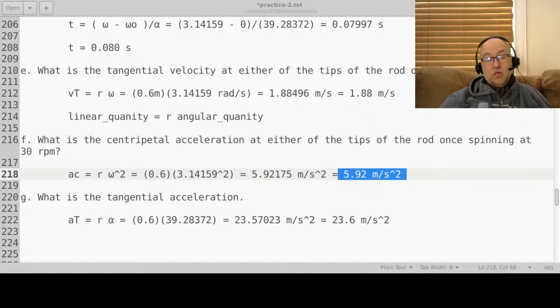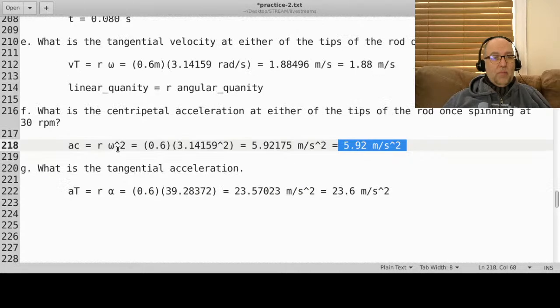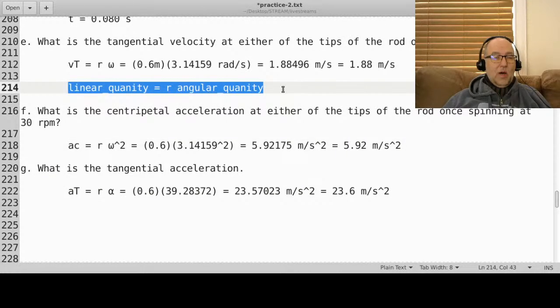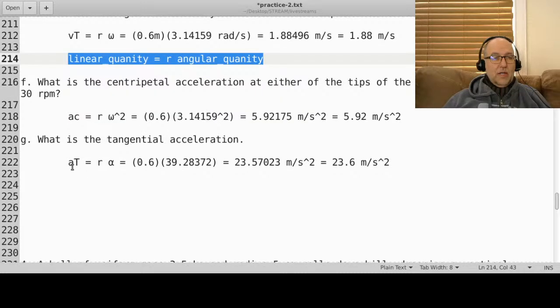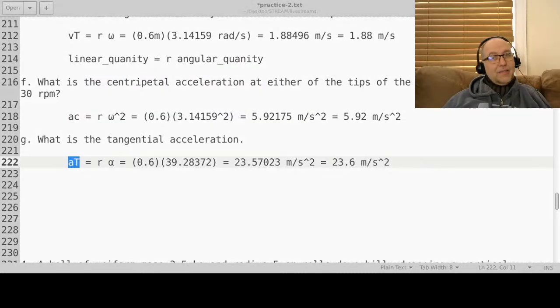But here there is. In generalized rotational motion, the tangential velocity can change, leading to a tangential acceleration. The relationship is of this form: the linear quantity equals r times the angular quantity. So the tangential acceleration is r times the angular acceleration.